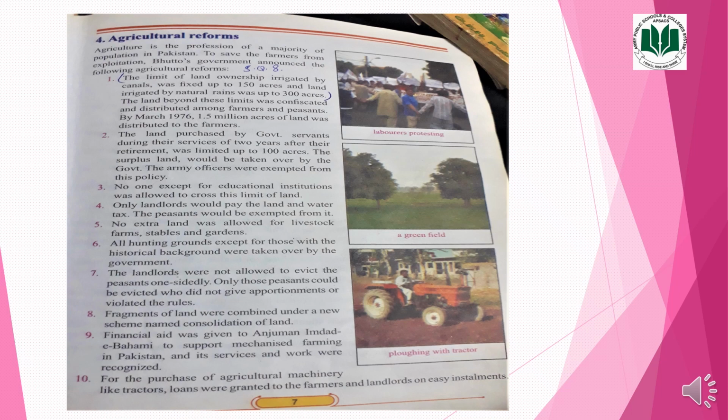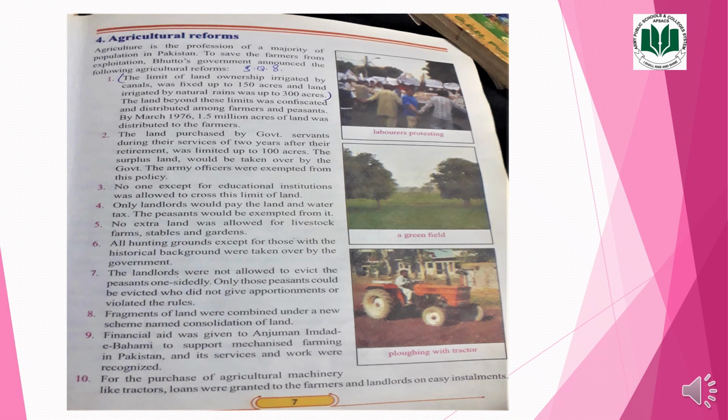Only landlords would pay the land and water tax. No extra land was allowed for livestock farms. All hunting grounds except for those with a historical background were taken over by the government. The landlords were not allowed to evict the peasants one-sidedly.